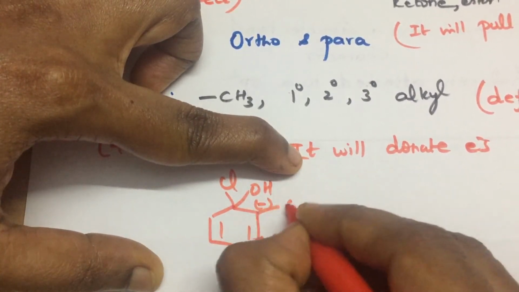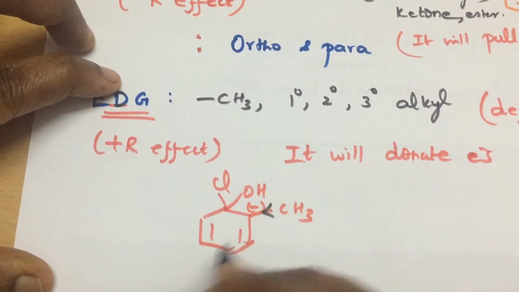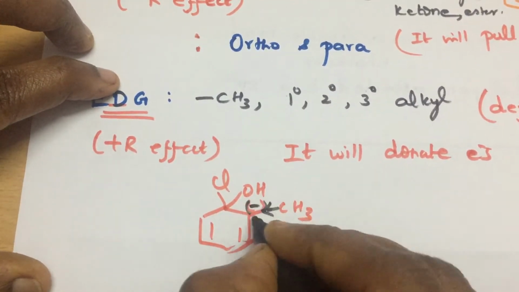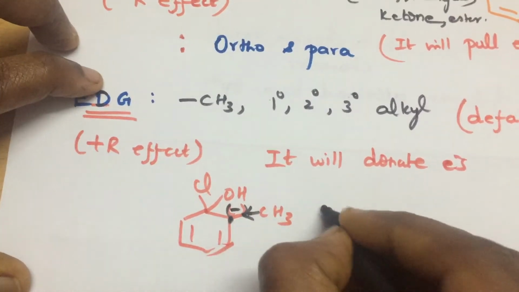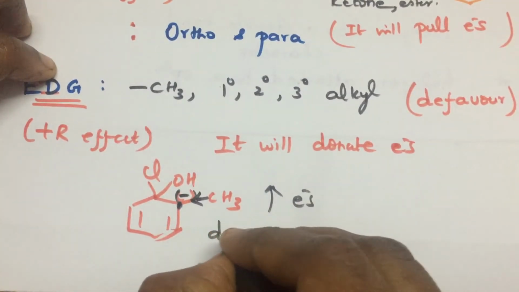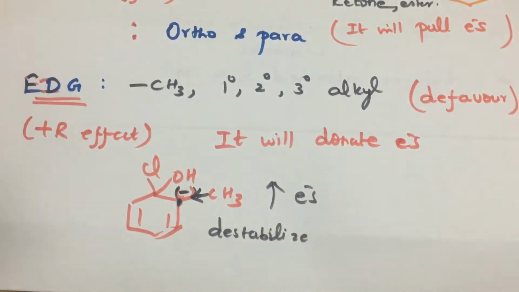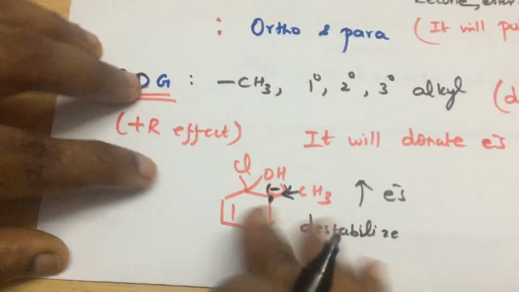If methyl is also present, it will also donate electrons. So here the electron density will increase more and it will destabilize. So we need to balance. When something is increasing, we need to nullify it. So that's the way we have to think. So what favors?